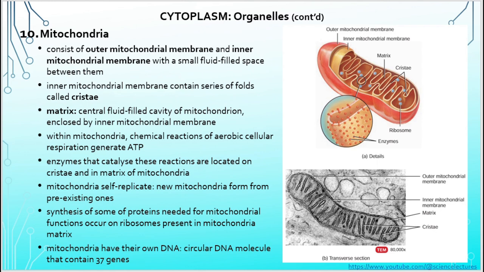Mitochondria even have their own DNA in the form of multiple copies of a circular DNA molecule that contains 37 genes. These mitochondrial genes control the synthesis of two ribosomal RNAs, 22 transfer RNAs, and some 13 proteins that build mitochondrial compartments.